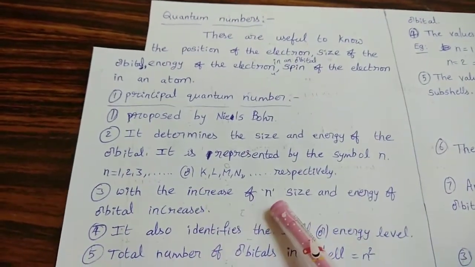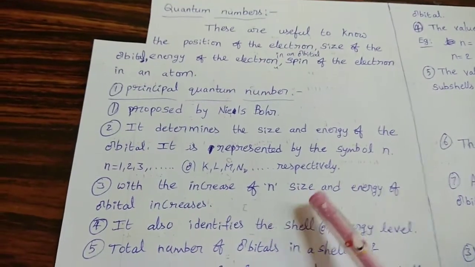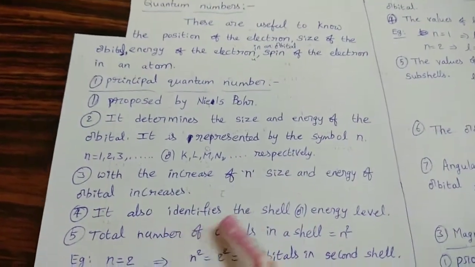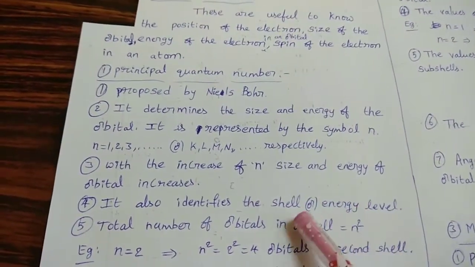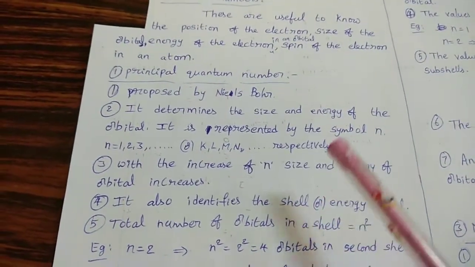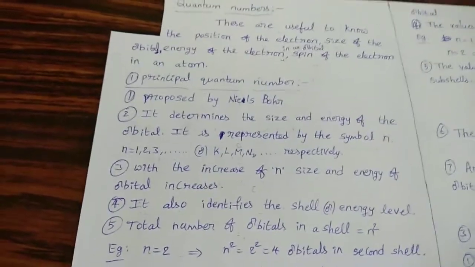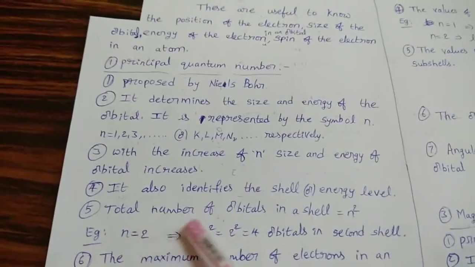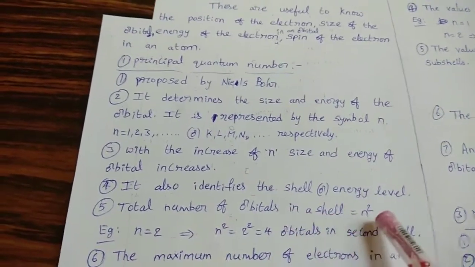With increase of n value, the principal quantum number increases, then size and energy of the orbital also increase. It also identifies the main energy level or shell. n equal to 3 means third shell, n equal to 5 means fifth shell, like this. Then the total number of orbitals in a shell equals n square.